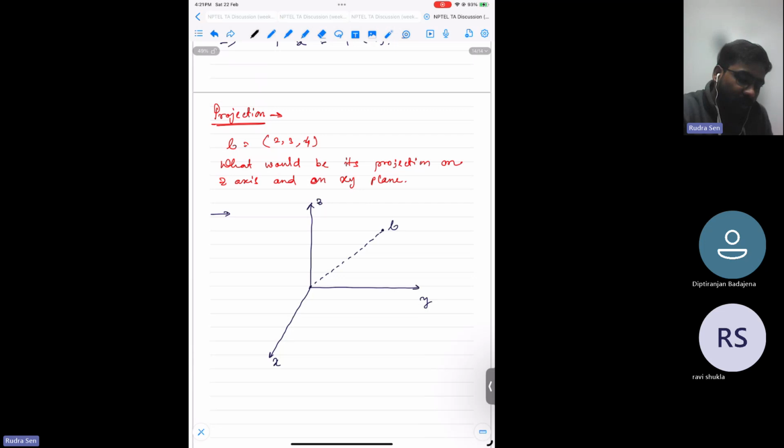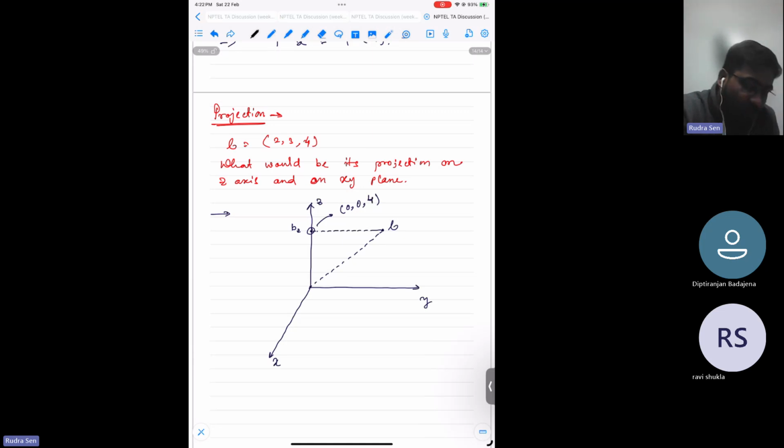When I am projecting this vector completely on the Z axis, this is the projection point. Let's call it BZ. The coordinates of this point should be 0, 0, and 4, right?